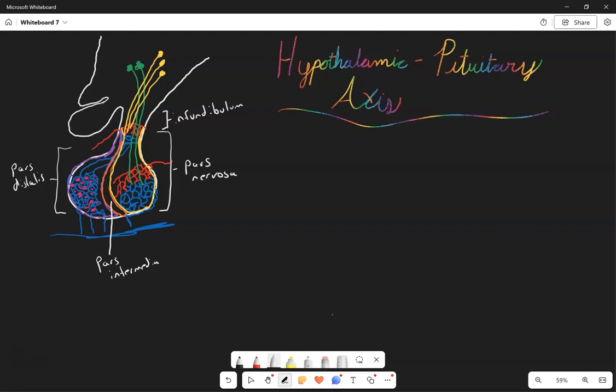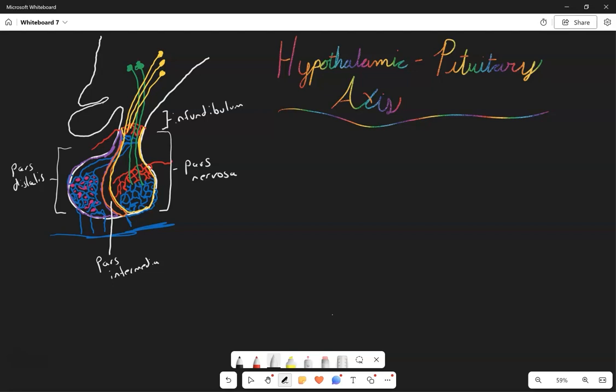Because of that, these neurons are what actually secrete the signaling molecule that will be taken up by the bloodstream. So these are referred to as neurohormones. So the pars nervosa is made up of nervous tissue. It's the axon terminals of these axons that originate in the hypothalamus. Specifically, they originate in the supraoptic and paraventricular nuclei of the hypothalamus.